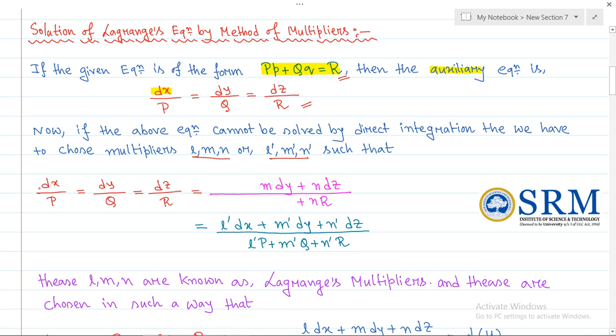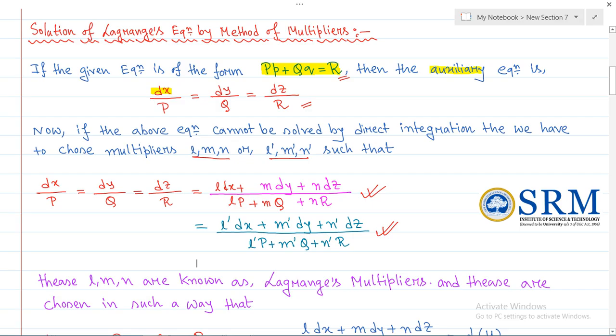Suppose the first factor we multiply with l, so it becomes l dx upon l into P, plus the second factor by m, so m dy upon m into Q, similarly n dz upon n into R. In a similar way we can take another set of multipliers l dashed, m dashed, n dashed such that we get l dashed dx plus m dashed dy plus n dashed dz upon l dashed P plus m dashed Q plus n dashed R. So these are the two new terms which we have created.